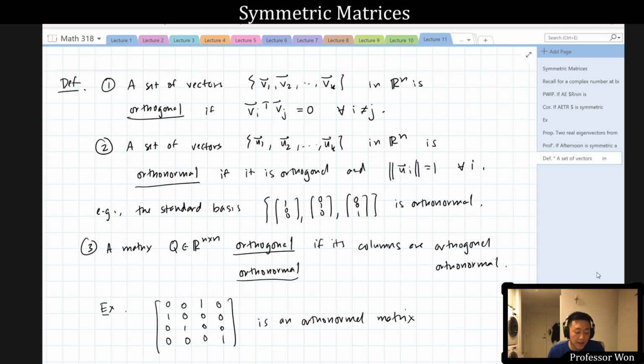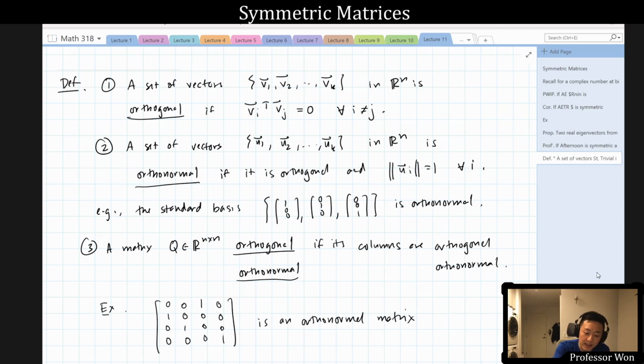So if you can ever get an orthogonal matrix, you can get an orthonormal matrix by just dividing through by the lengths of each vector. But what's not obvious is if I give you a subspace, if it always has an orthogonal basis.